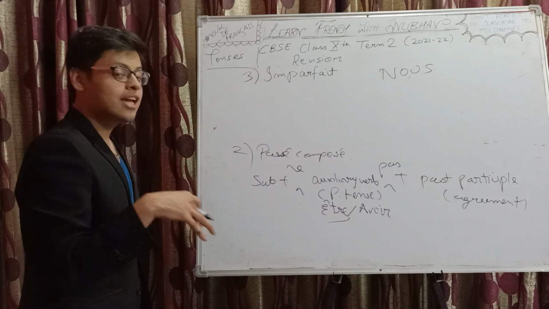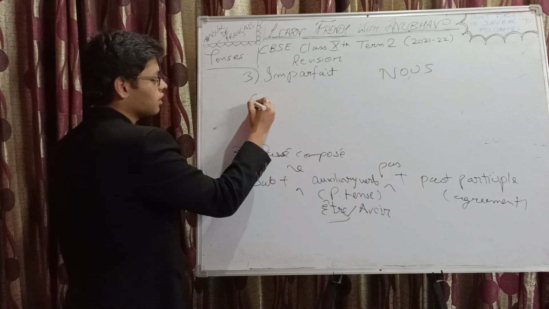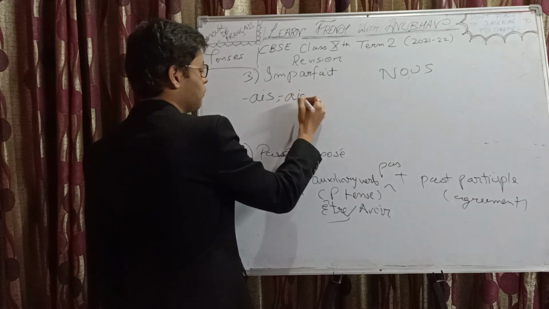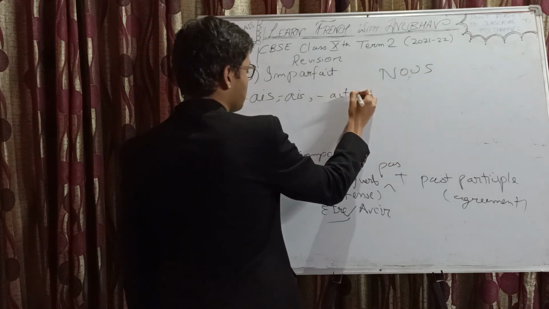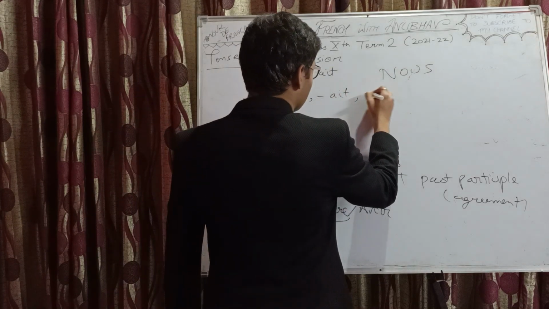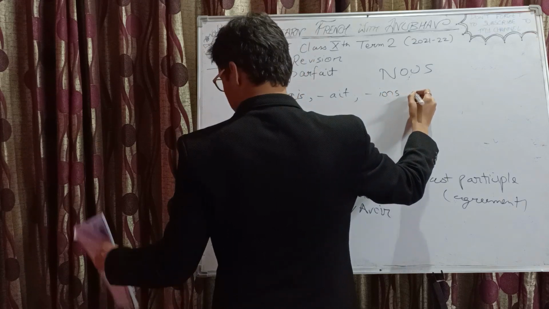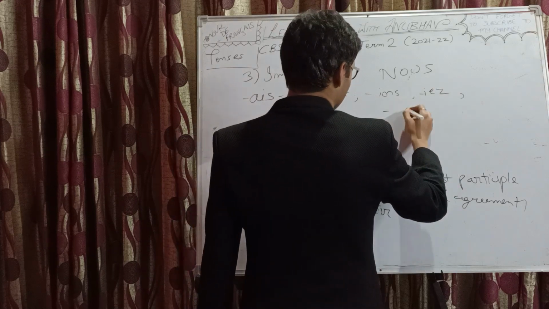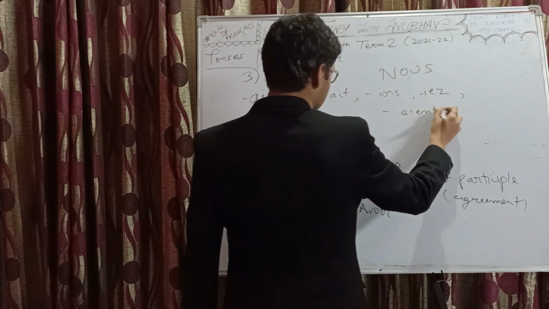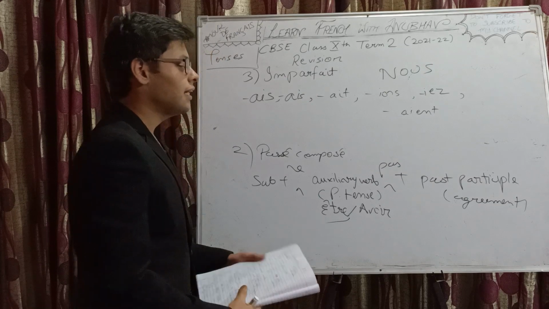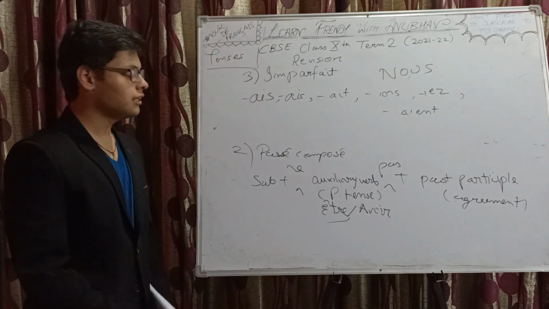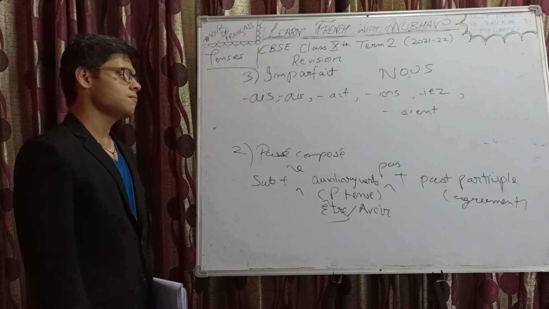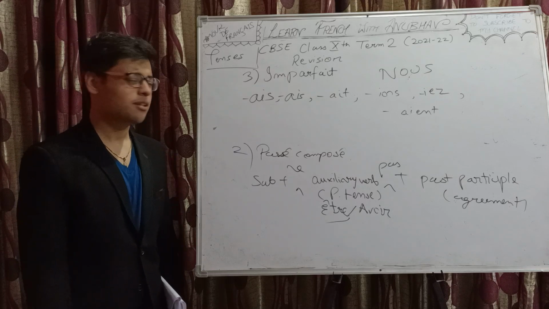You add the endings of imparfait, which are ais for je, ais for tu, ait for il, elle, ions for nous, iez for vous, and aient for what? Ils, elles, plural. So these are your endings. And I guess that's sufficient to discuss imparfait.